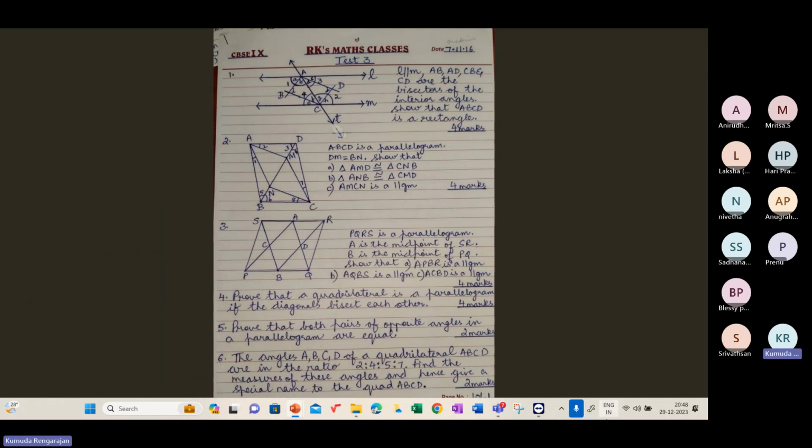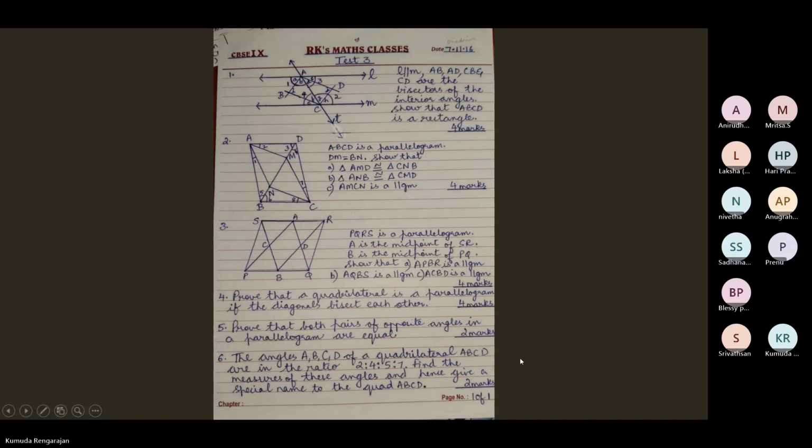Yeah, do the last one in this, children. The angles A, B, C, D of a quadrilateral ABCD are in the ratio 2:4:5:7.